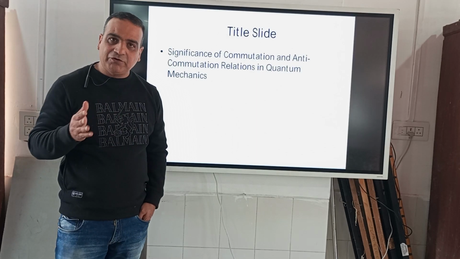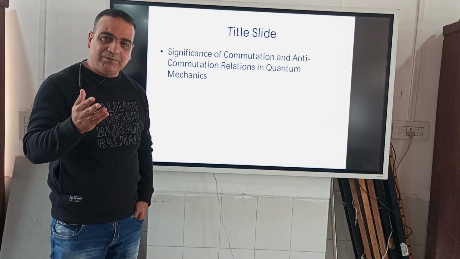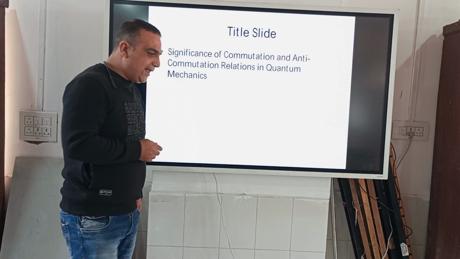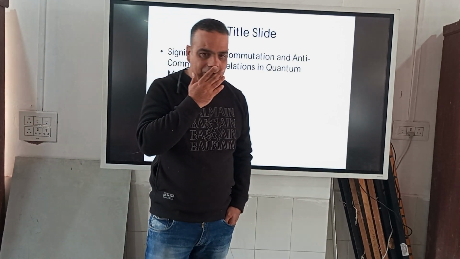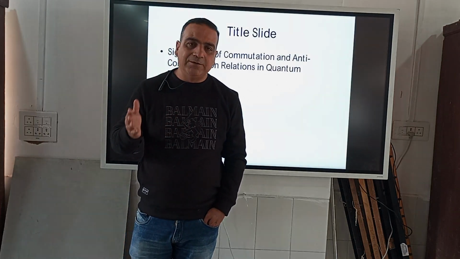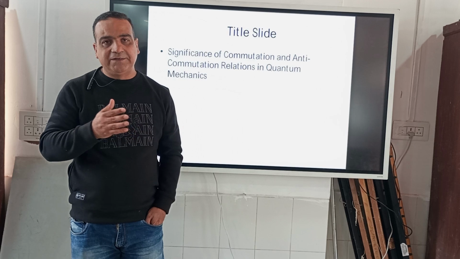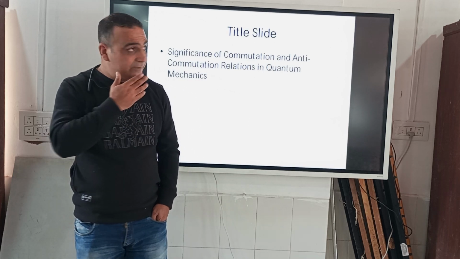We have the structure of these matrices already intact, sigma x, sigma y, and sigma z. And what we'll do is we will try to see how the two spin matrices commute with each other or anti-commute with each other.